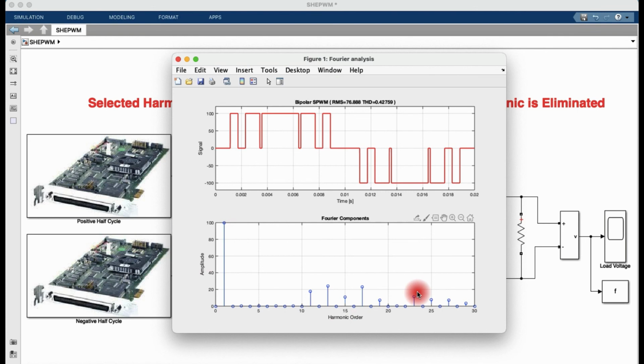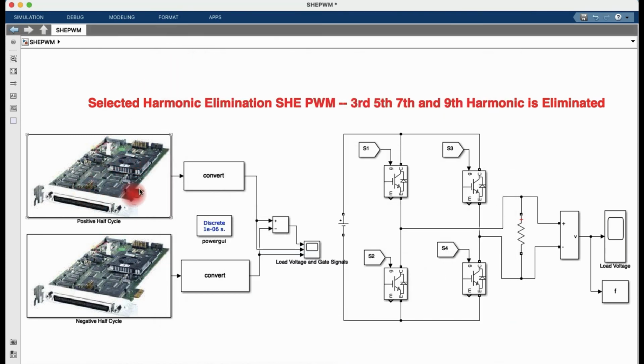Right. So if I conclude this video, what we have done in this video is we have seen how we can simulate a selected harmonic elimination technique in Simulink, how we can generate the pulses, how those are applied to the half bridge inverter, the voltage waveform of the selected harmonic elimination PWM based inverter, and then its Fourier analysis.